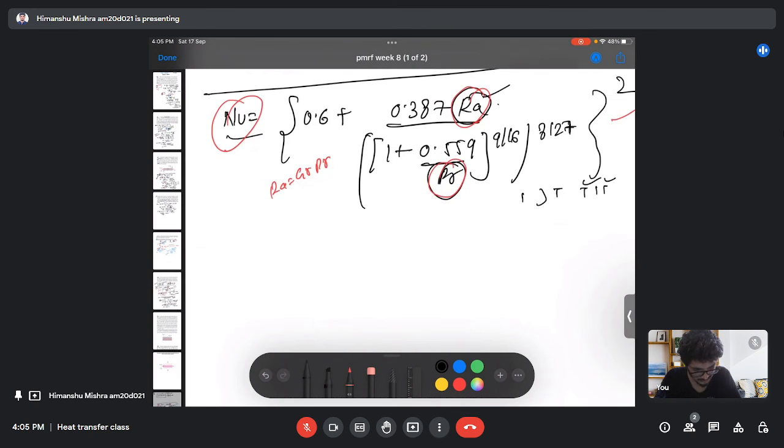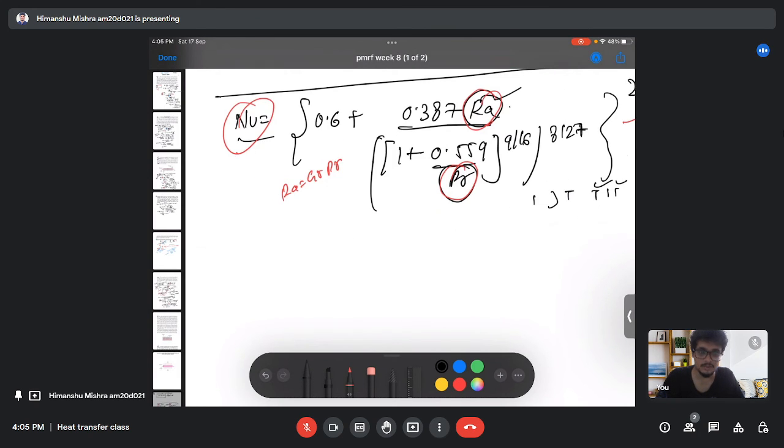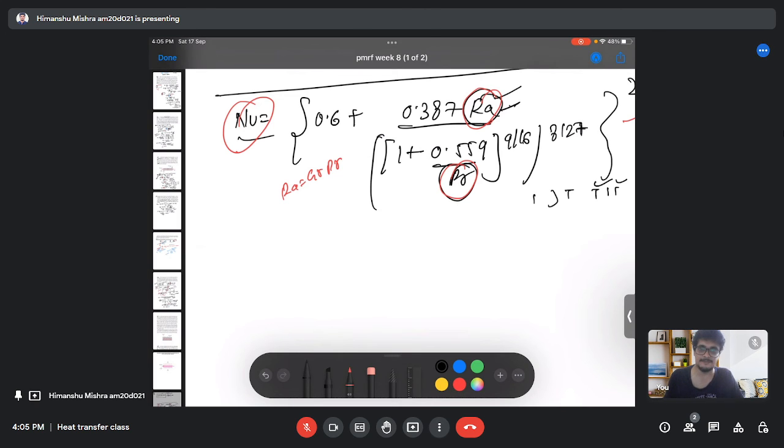To use this Nusselt number correlation, we need to find the Rayleigh number. And we know that the Rayleigh number is the product of the Grashof number and the Prandtl number.